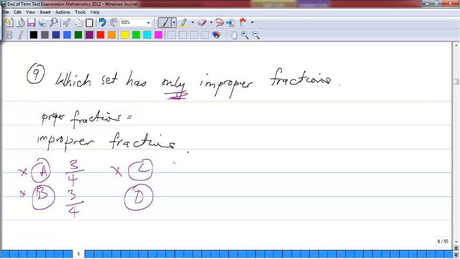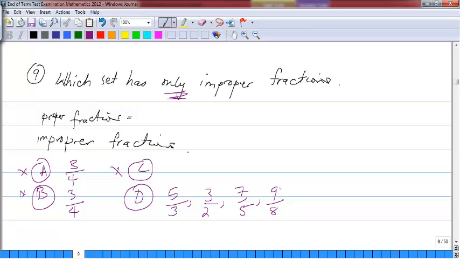So now we have here, number 9, last one now, D, being 5 over 3, yes, that's improper. Why? Because the numerator is larger than the denominator. Okay, we have 3 over 2. This is also improper because the numerator is larger than the denominator. We have 7 over 5. This is also improper. And finally, we have 9 over 8.